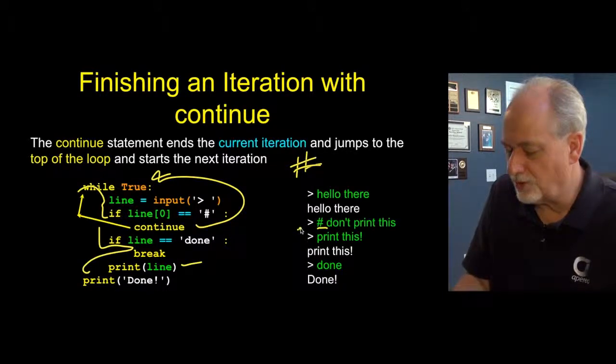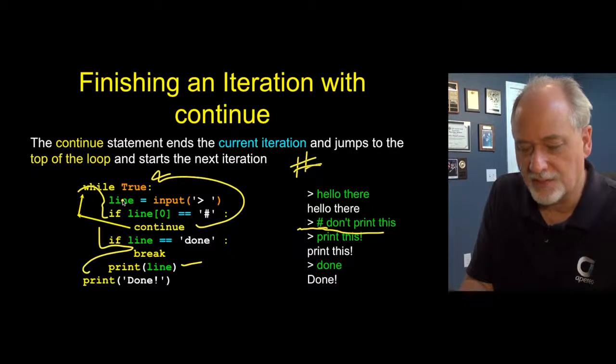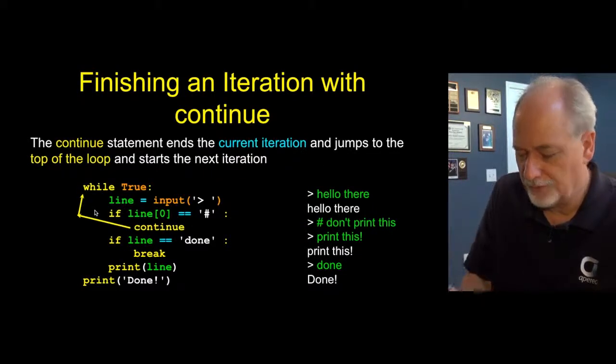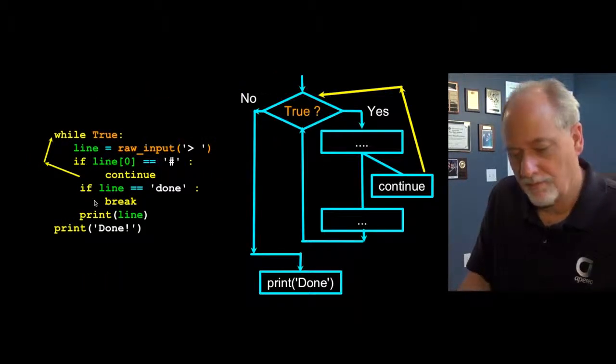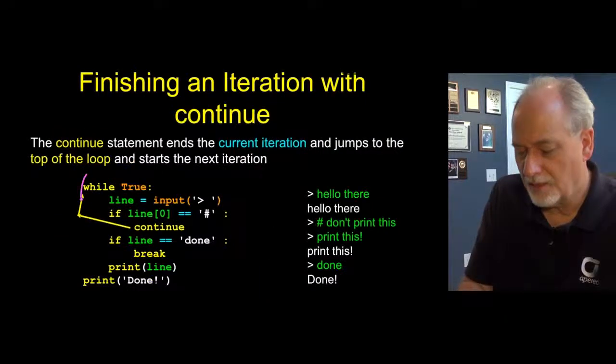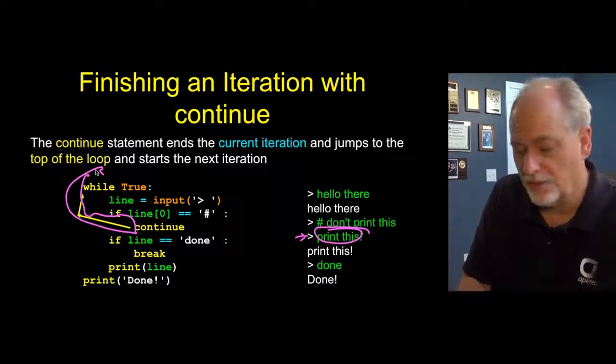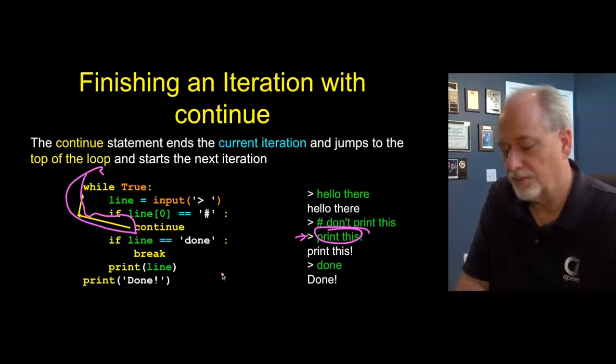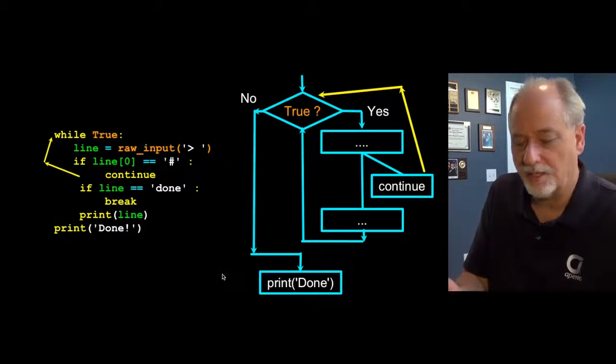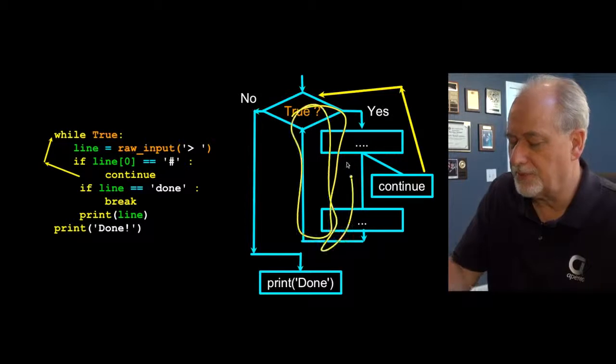And so that's why there is no printout here, because it comes in, this is true, and that goes back up. But it comes back and prints out the next one and does another thing. And so the loop continues, whereas the break ends the loop. Again, you could be doing all kinds of complexity.